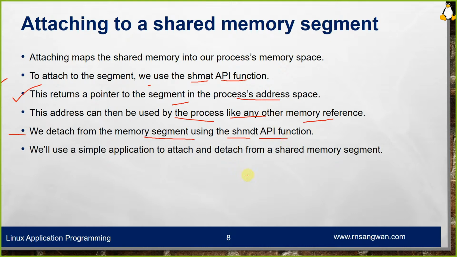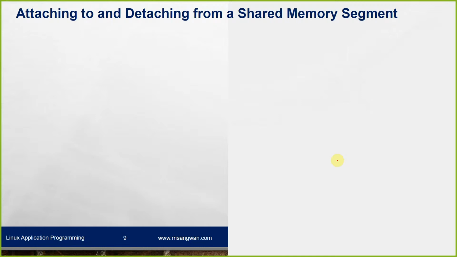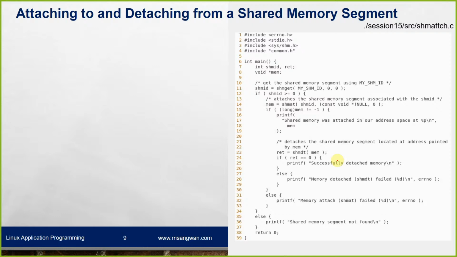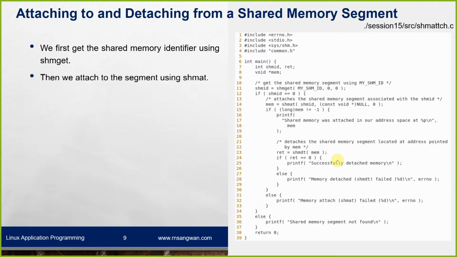We'll use a simple application to attach and detach from the shared memory segment. So this is the example for attaching to and detaching from a shared memory segment. In the source code directory, the program is shmattach.c. This is the screen grab. We first get the shared memory identifier using shmget, line number 11, you can see here.